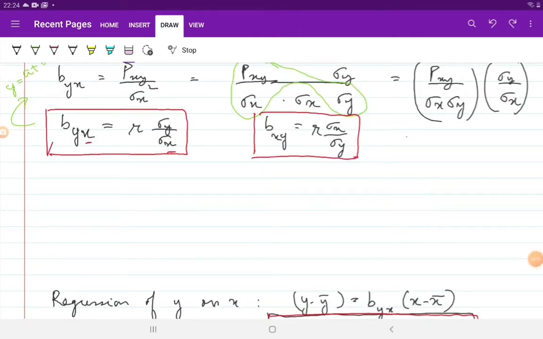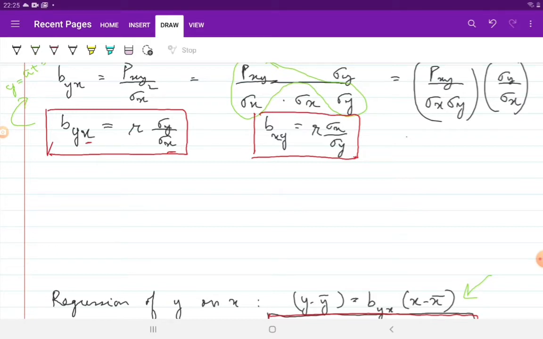And now that you have this relation with you, you can express the regression of y on x, which is given here. This is called regression in deviation form because y minus y bar is deviation from arithmetic mean of y, and x minus x bar is deviation of x from its arithmetic mean.